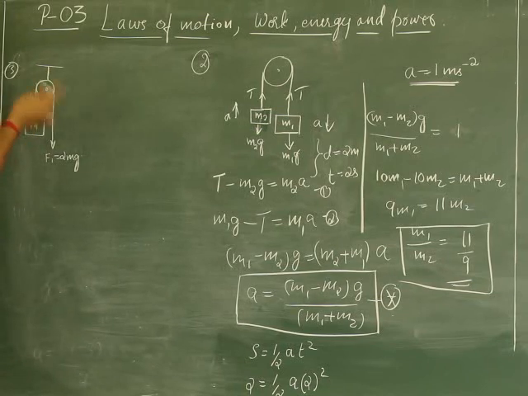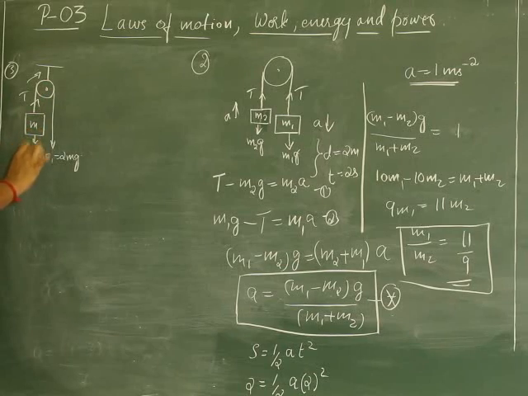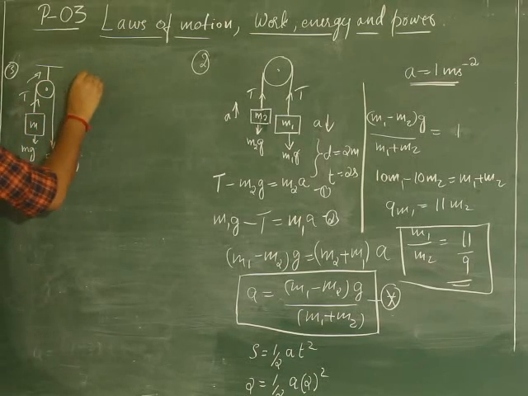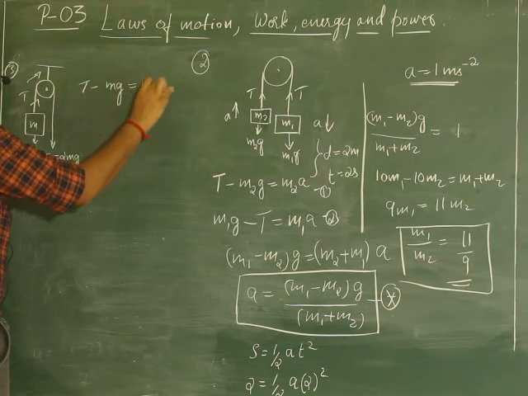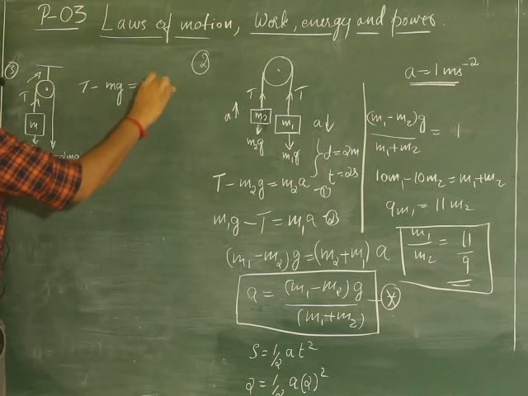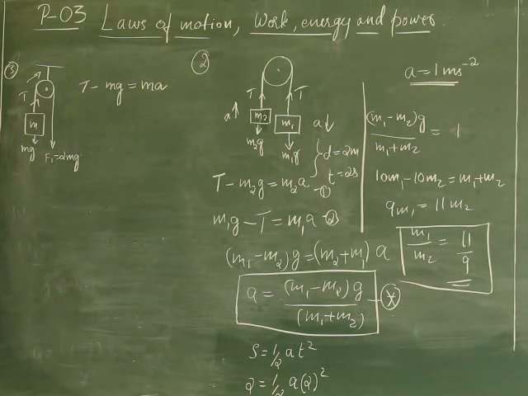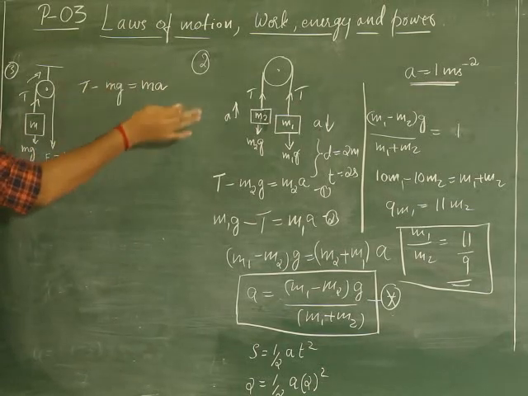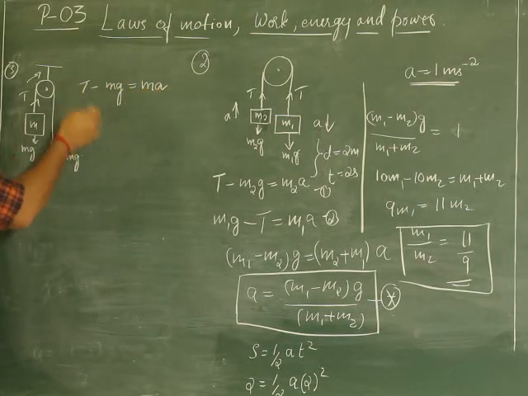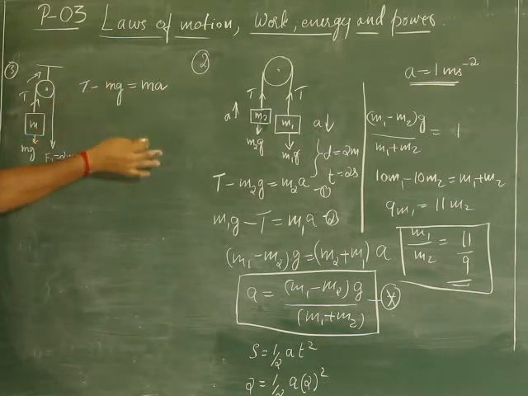It is going in this direction, so tension T minus mg equal to ma. But they have given a1, a2, a3 as the accelerations of different cases, so in the first case I will take a1.